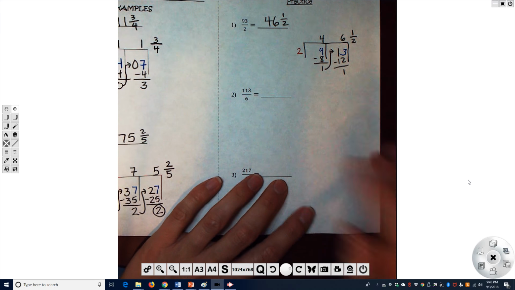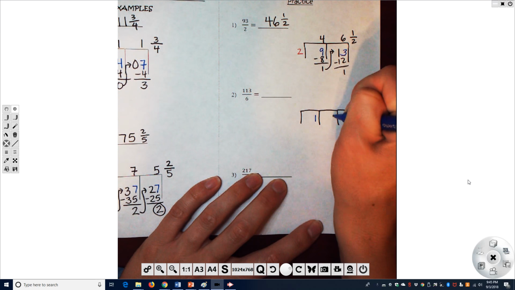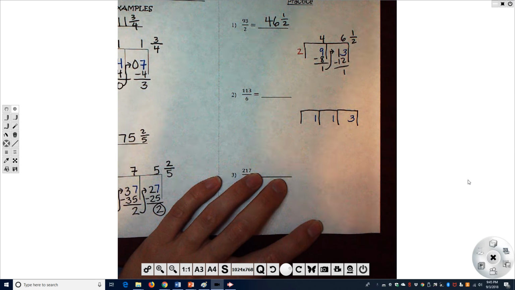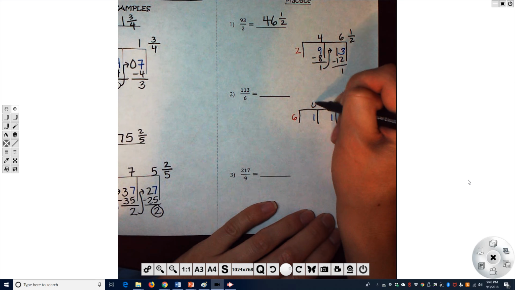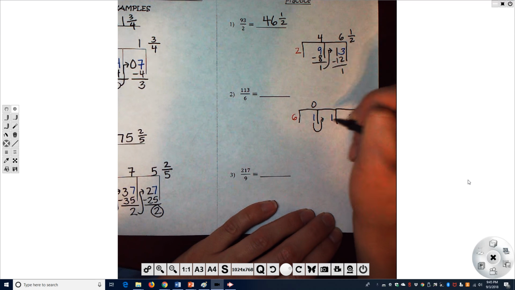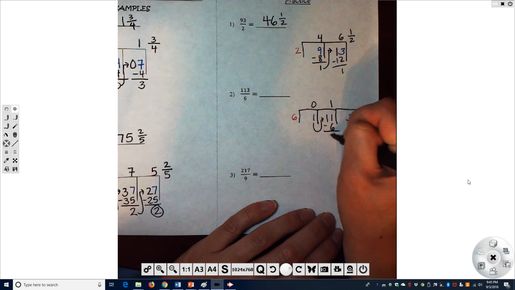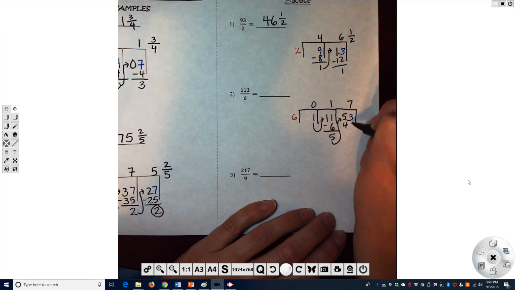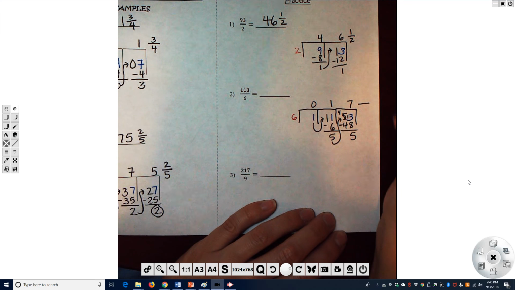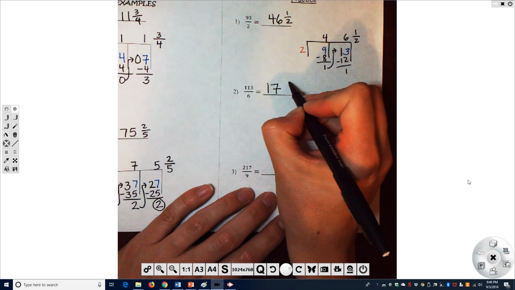Please try example 2. You'll notice this time I just skipped the minus 0 part because this number will stay the same. So the answer is 17 5/6.